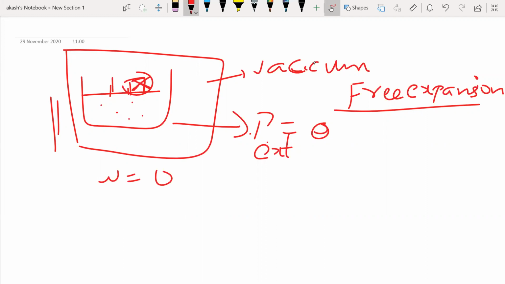Take on the question, people. 8 grams of O2 gas at STP. You have a lot of things to remember from 11th class.